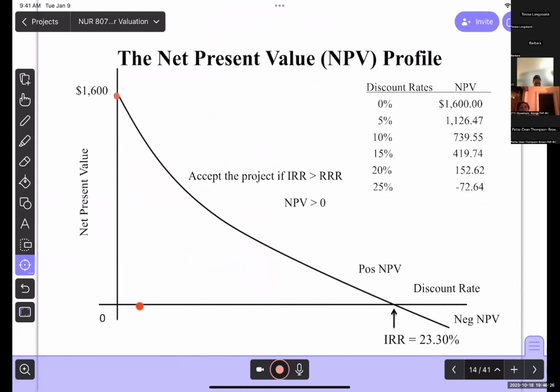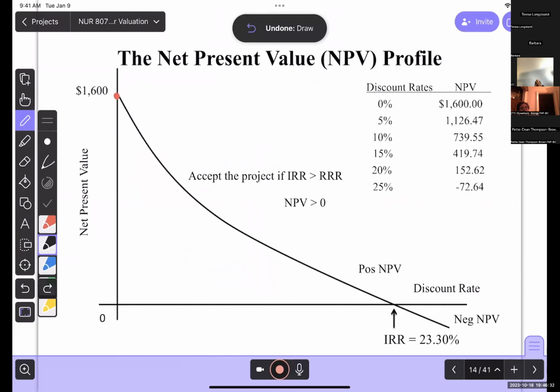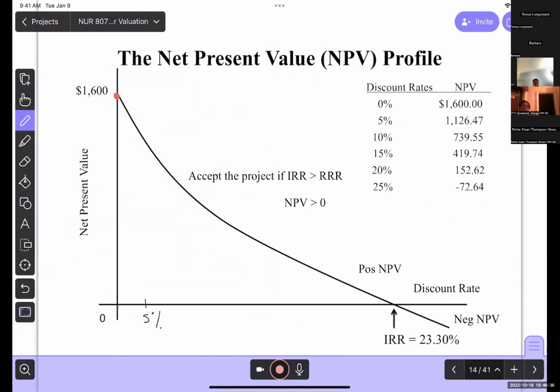At 5%, I think I have to make my 5% bigger. So this is like 10. This is like 20. And this is like 5. Okay, so this is 5%.